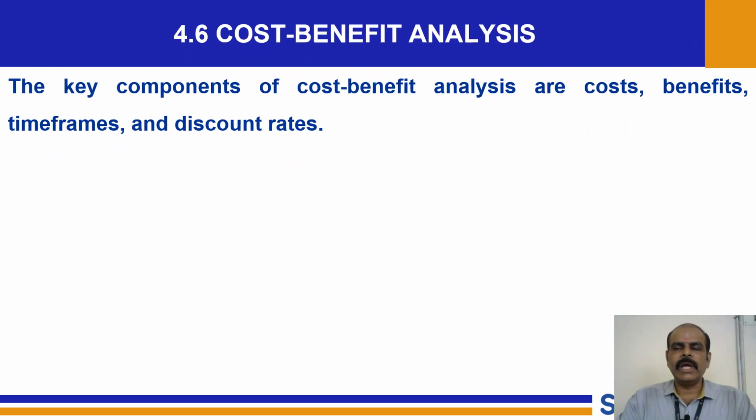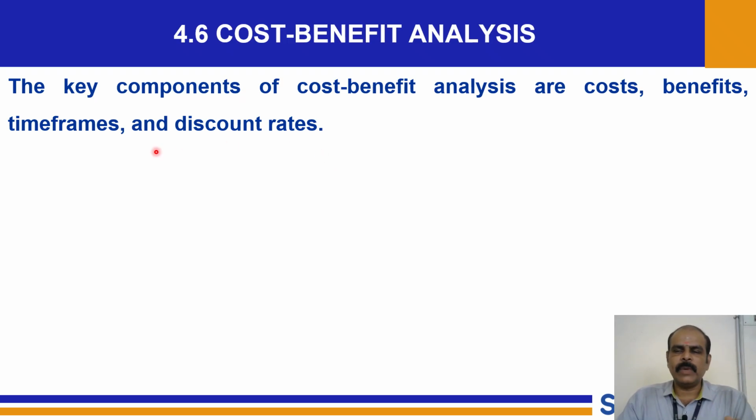Now we'll get into the key components. The key components of CBA are: costs, benefits, time frames, and discount rates. In the earlier case, SWOT, we never discussed anything with respect to finance. Now everything is from the finance point of view, including time.